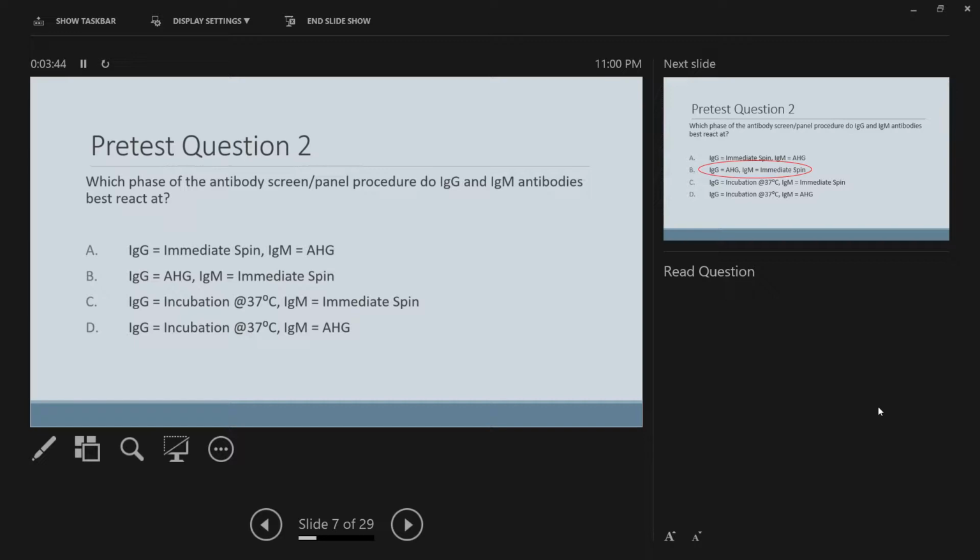C, IgG reacts best at the incubation at 37 degrees Celsius phase, whereas IgM reacts best at the immediate spin phase. Or D, IgG reacts best after the incubation at 37 degrees Celsius, while the IgM reacts best at the AHG phase.